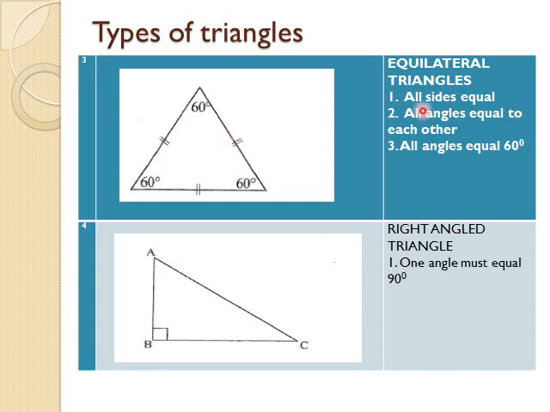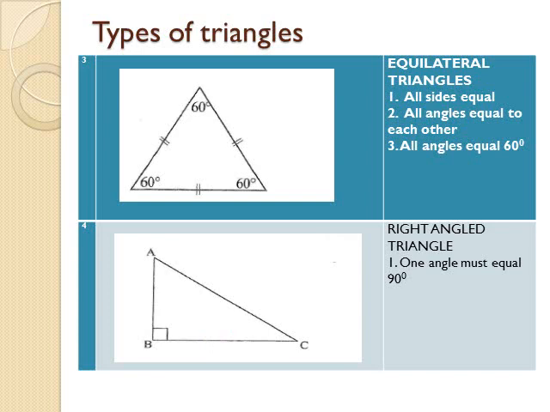So in an equilateral triangle, all sides are equal, all angles are equal to each other, and therefore, remember, three angles in a triangle add up to 180. 180 divided by 3 will give me three angles of 60 degrees. And then by trigonometry, you should know by now, in a right angle triangle, one of the angles is 90 degrees. Two sides can still be equal or it can be scalene, etc. So that's just your basic types of triangles.